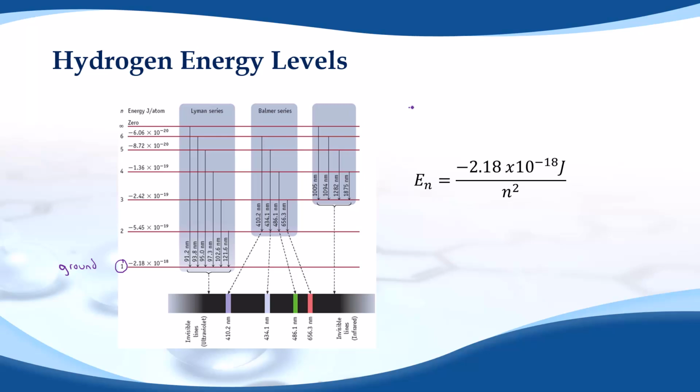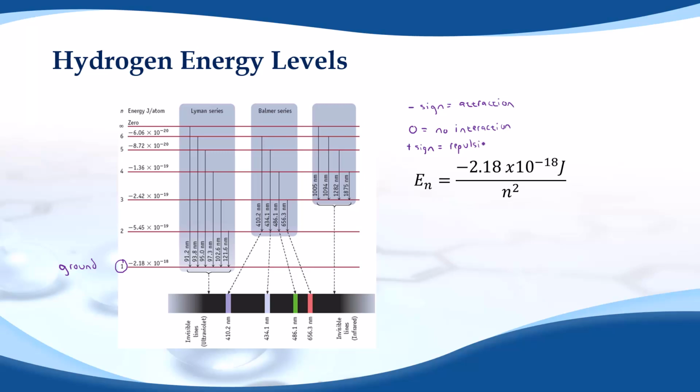Attractive forces have negative energies. The more negative the energy, the more attractive the force is. So when we go up to infinite energy level, the energy is 0, meaning that there is no attraction between the electron and the nucleus. But as you go into lower and lower energy levels, that energy gets more negative because the attraction gets stronger and stronger.